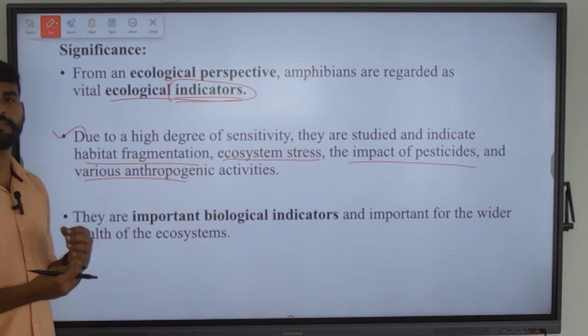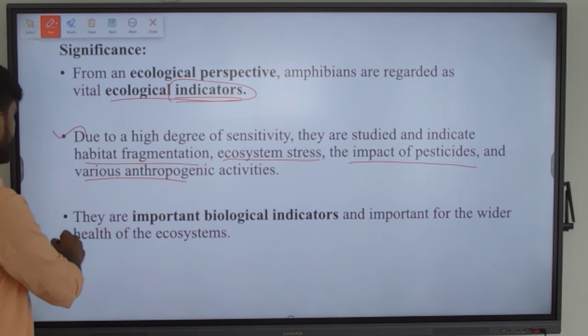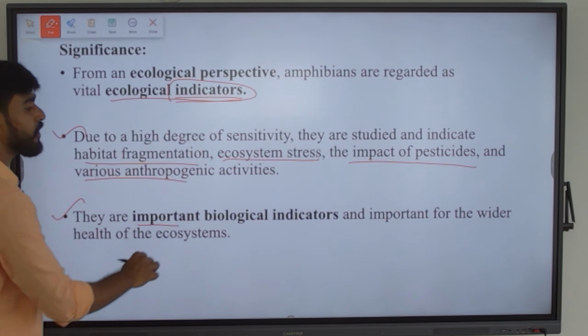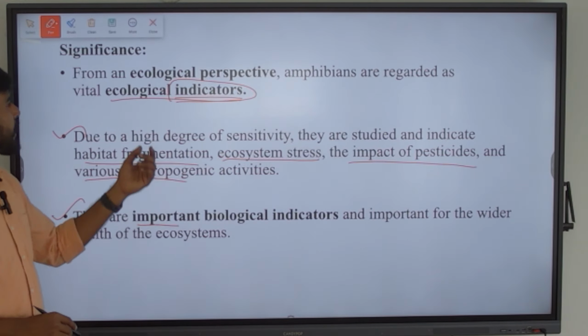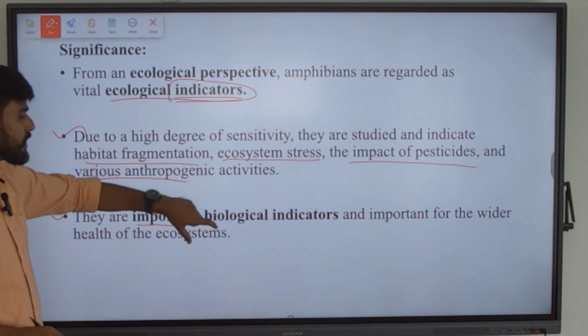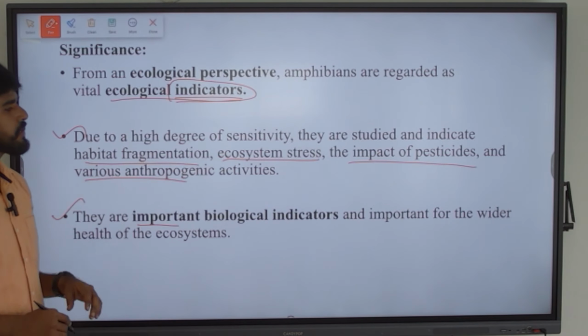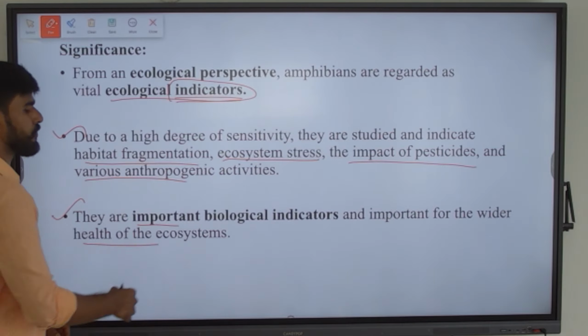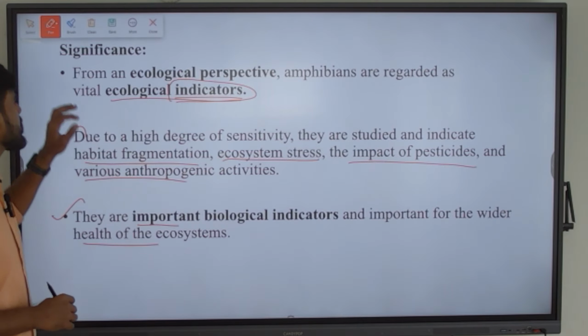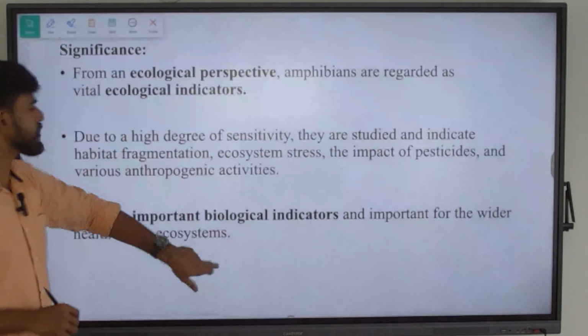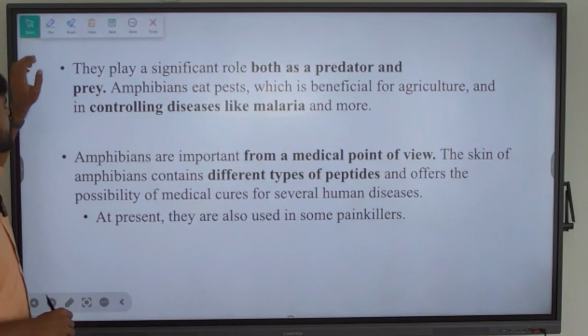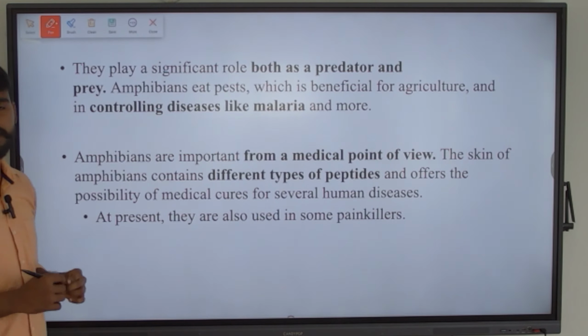So these are being reflected. Next, they are important biological indicators also. So they are ecological indicators as well as biological indicators, and they are important for the wider health of the ecosystem.